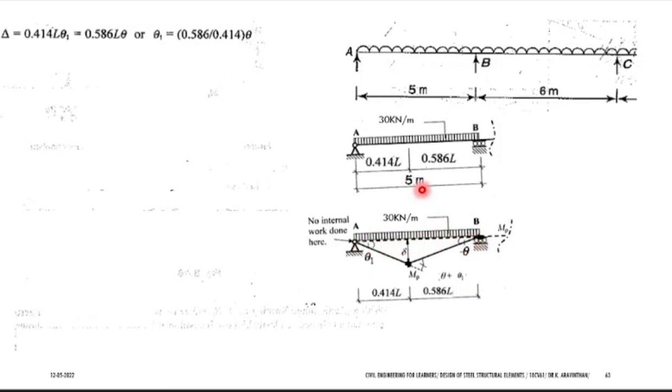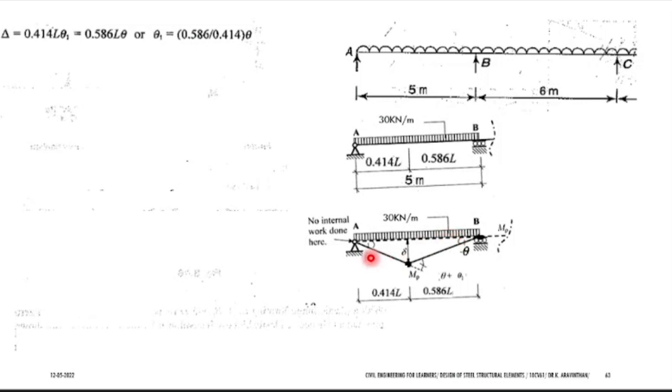No. Why? Because this is not equal. If your plastic hinge occurs exactly at the center, you will have theta and theta here. If your plastic hinge does not occur at the center, you will have different theta and the other value will not be equal.